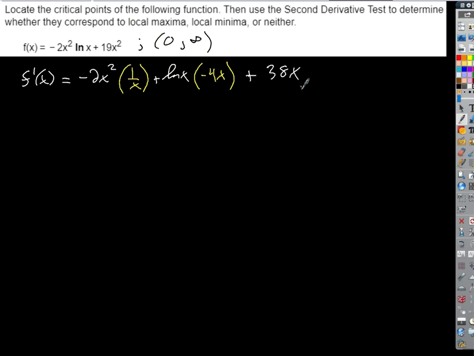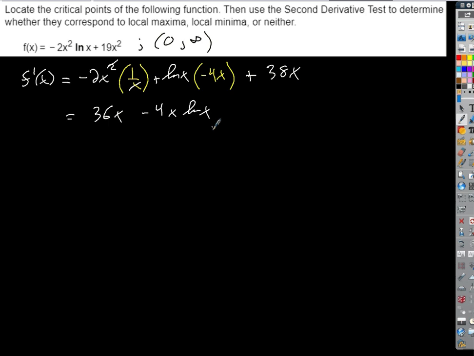Let's clean that up a little bit. We could cancel an x here, so that's going to give us negative 2x plus 38x is 36x. Everybody agree? And then here I'm just going to have a minus 4x log x.